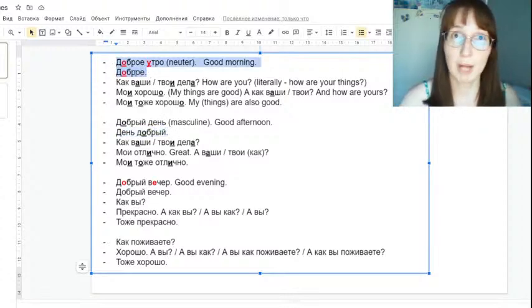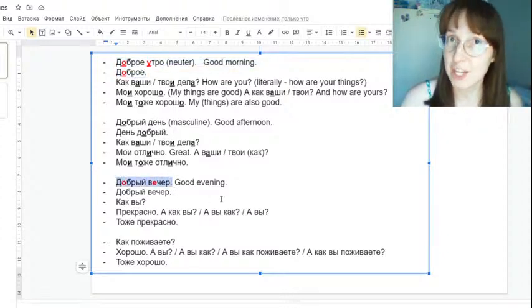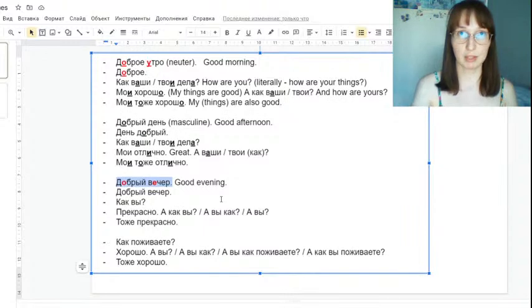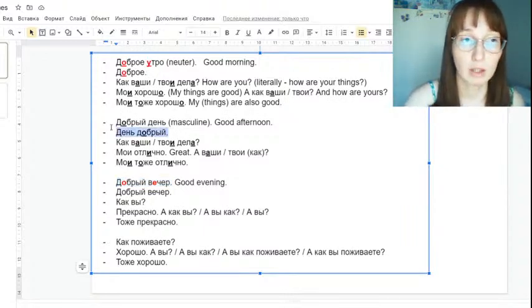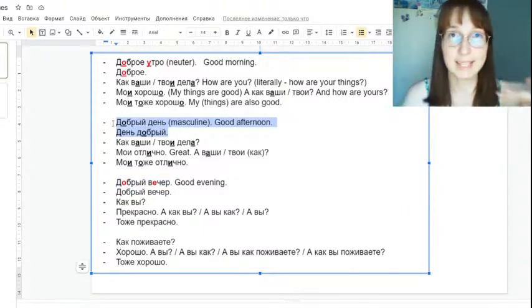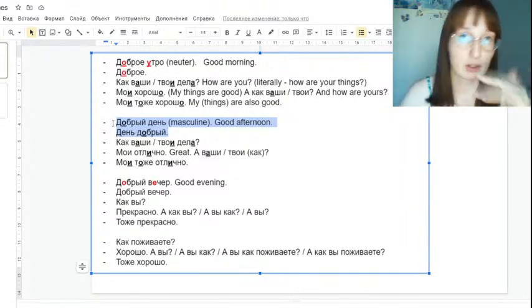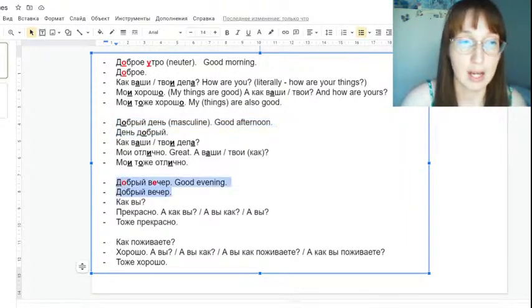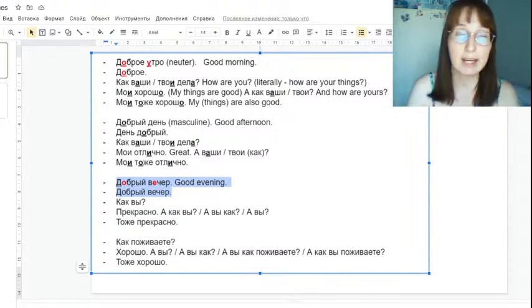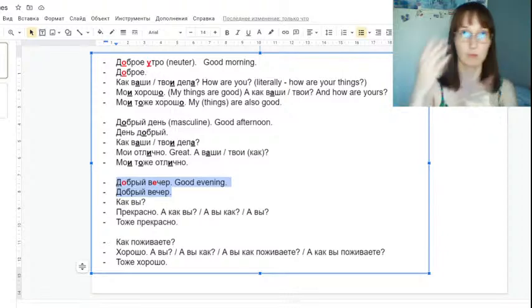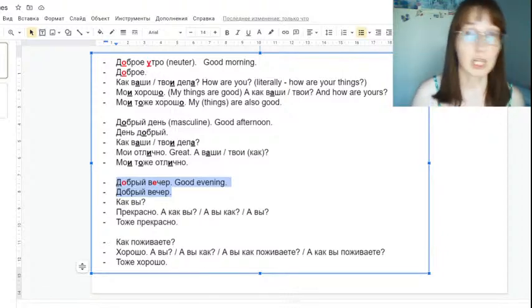Like here, доброе утро, доброе. Look, добрый вечер, добрый. Or, like here, добрый день, день добрый. You can replace the words, and you can replace the words here. Добрый вечер, вечер добрый. You are welcome to replace them. It will sound natural.